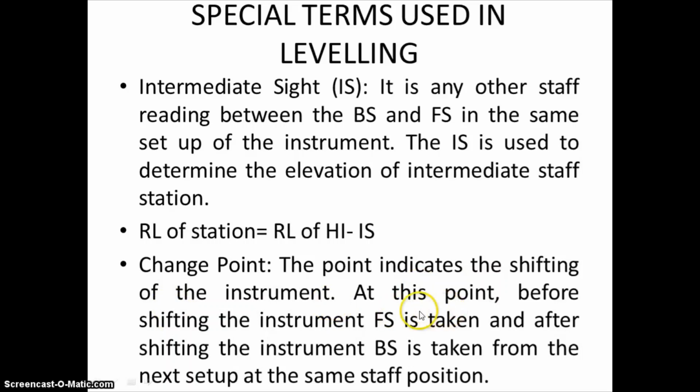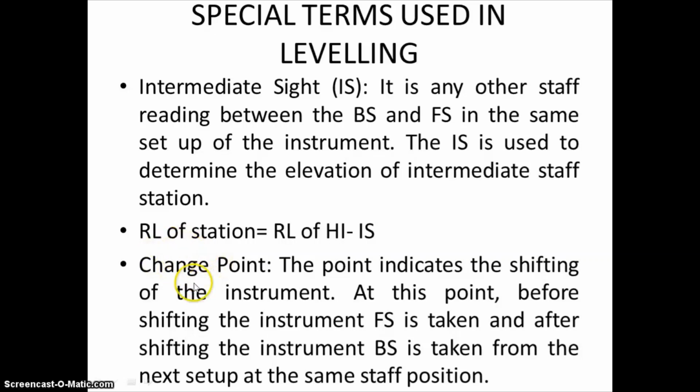At this point, before shifting the instrument, foresight is taken, and after shifting the instrument, backside is taken from the next setup at the same staff position. As the name suggests, change point means we have shifted our instrument from our existing position to a new position.